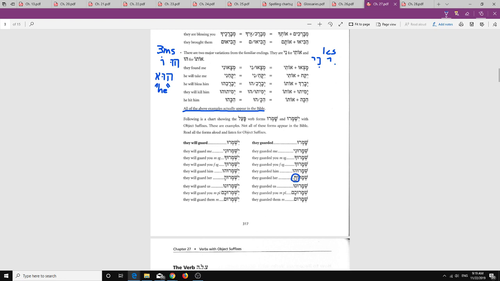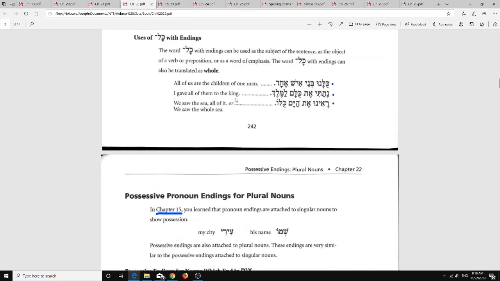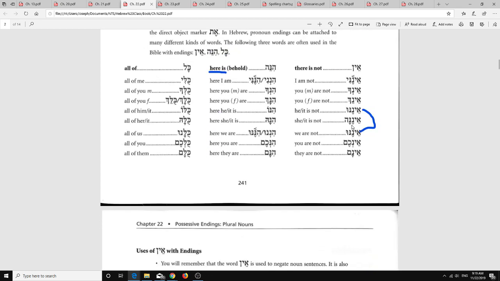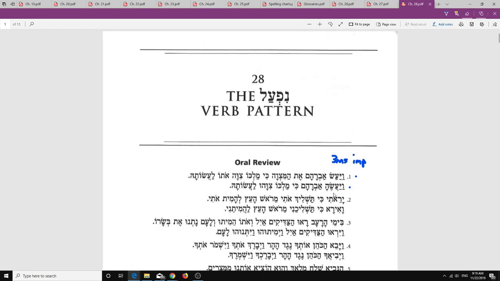So it ends in hey qamets for the 3FS form. Again, hey qamets. Typically, let's see, was that chapter 22? Yeah, typically we expect a qamets hey, but when it's attached to a verb, we get a hey qamets. And so that's what tips us off here, that's what's going on. So we have the clipped form with a pronominal suffix.